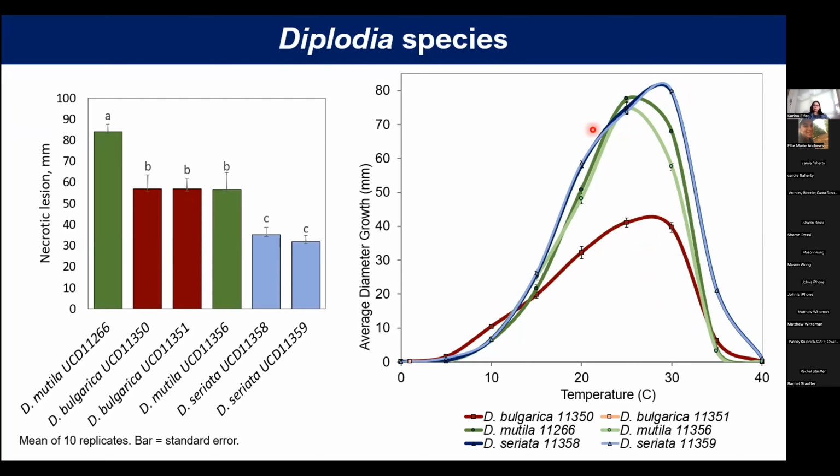So we can see that Diplodia mutila and bulgarica will not grow that fast at higher temperatures, like at 30 or also 35 Celsius degrees. They almost will not grow much, and none of them will grow at 40 Celsius degrees. However, 40 Celsius degrees will not kill them, because they can continue growing after you expose them to a lower temperature.